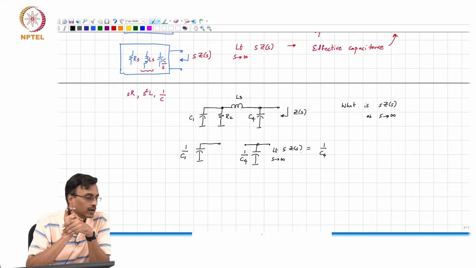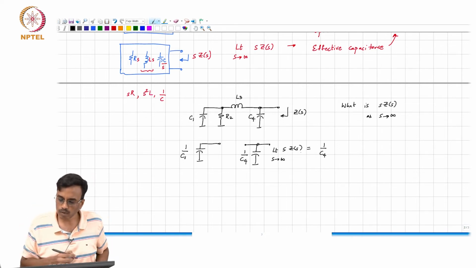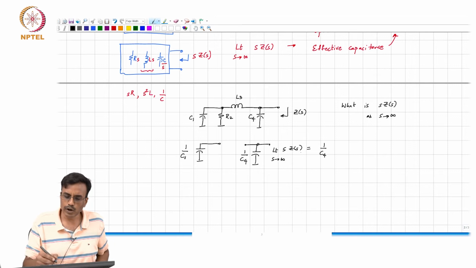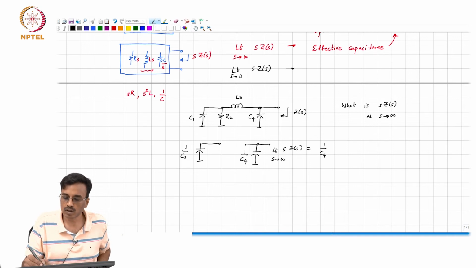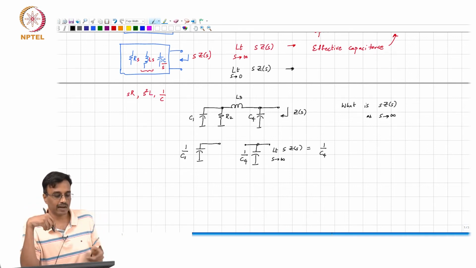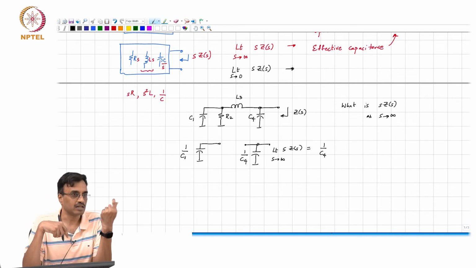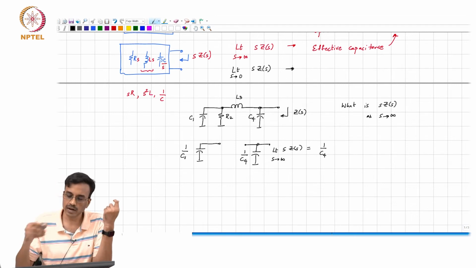All right. Okay. So, by the same token, therefore, how do you interpret the limit s tends to 0 of s times Z of s? What should you do? Oh, well, that's straightforward. As s tends to 0, sR becomes a short circuit, s square L also becomes a short circuit.